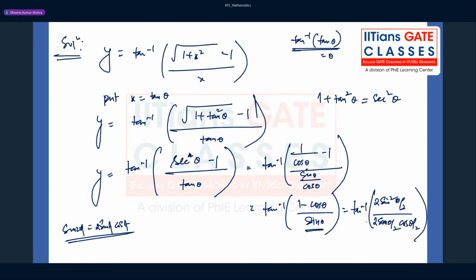One sine theta by 2 will cancel, and this will give you sine theta by 2 over cos theta by 2. The 2 also gets cancelled. Understand?